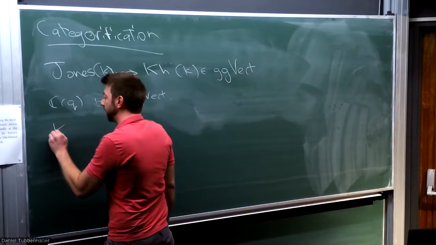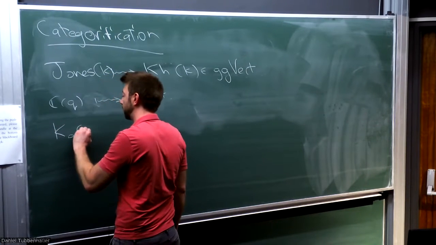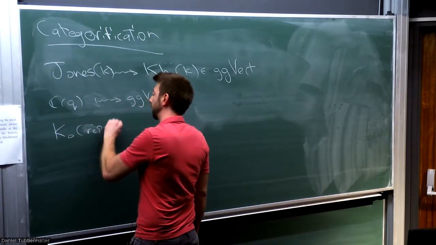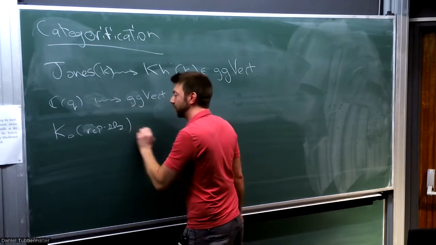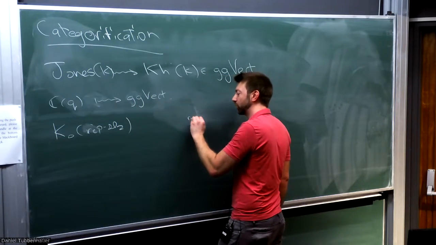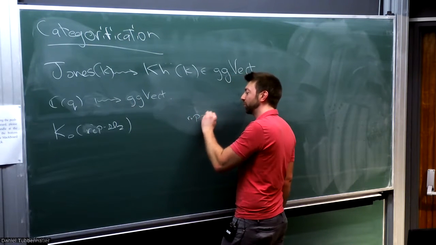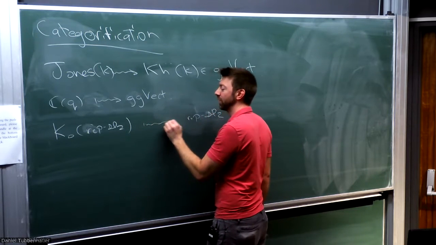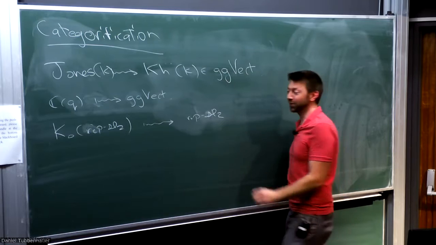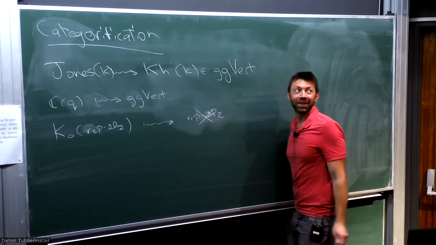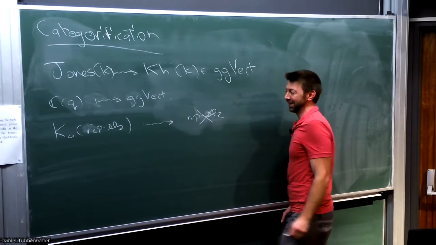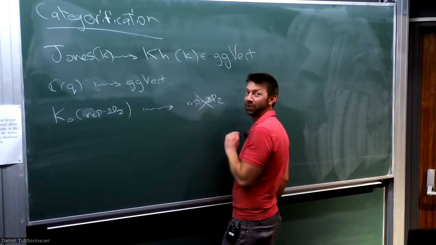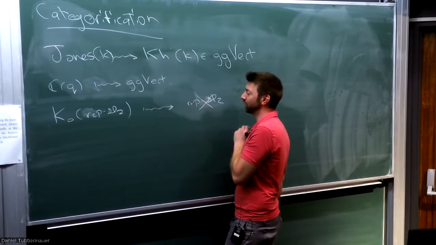And how do we categorify the representation ring of SL2? How many of you want to put Rep SL2 here? Obviously Rep SL2 categorifies its Grothendieck group. So why not? Do it. It's actually the wrong thing to put here. There is a point.